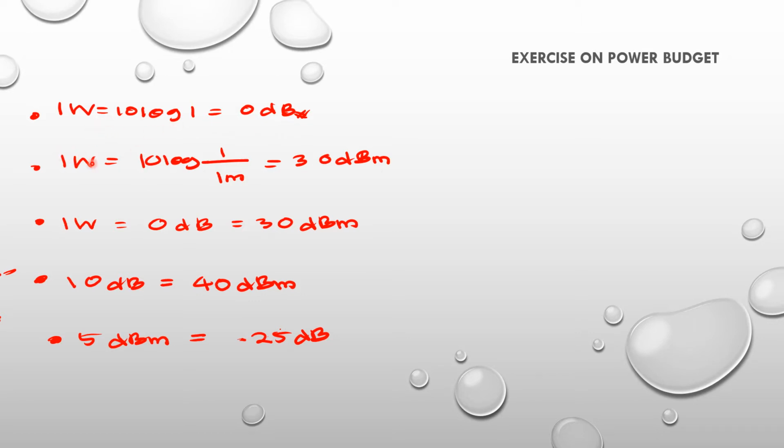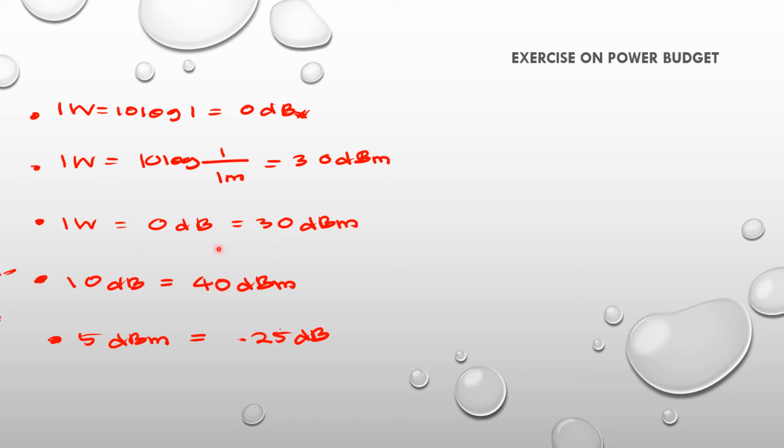If you want to convert watt into dBm, 1 watt equals 10 log of 1 divided by 1 milli. 1 milli is 10 to the power of negative 3, which gives 30 dBm. So we can conclude that 1 watt equals 0 dB equals 30 dBm.